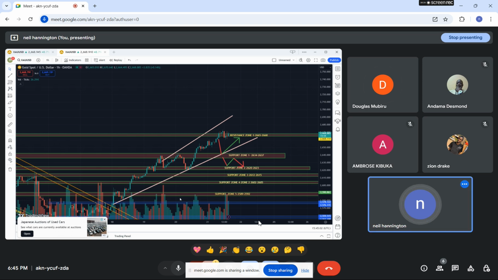How long does it take? Sometimes, it depends on the time frame, but we cannot determine it, because sometimes it can take just an hour, sometimes it can take 5 hours. So it depends on the market and also on the fundamental factors. Remember, we also have fundamental analysis. So you can find that it may not take long, and sometimes it may take long.